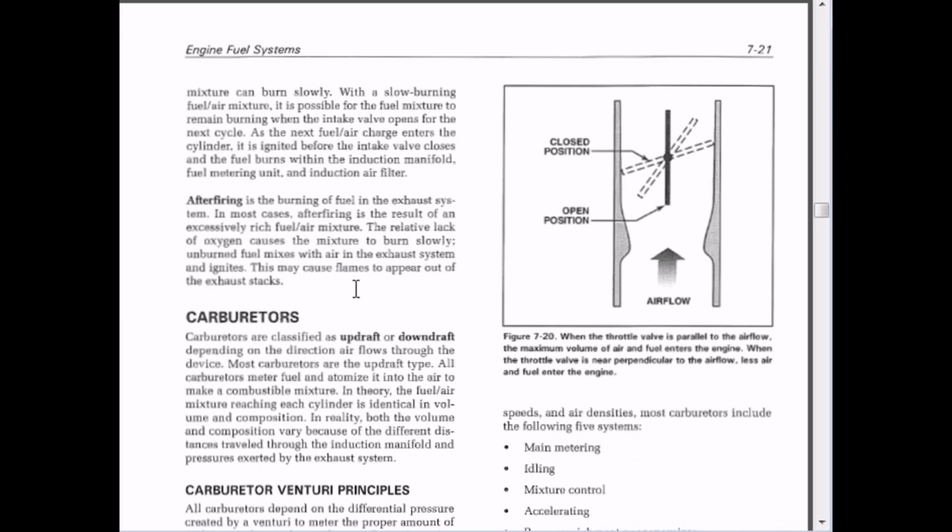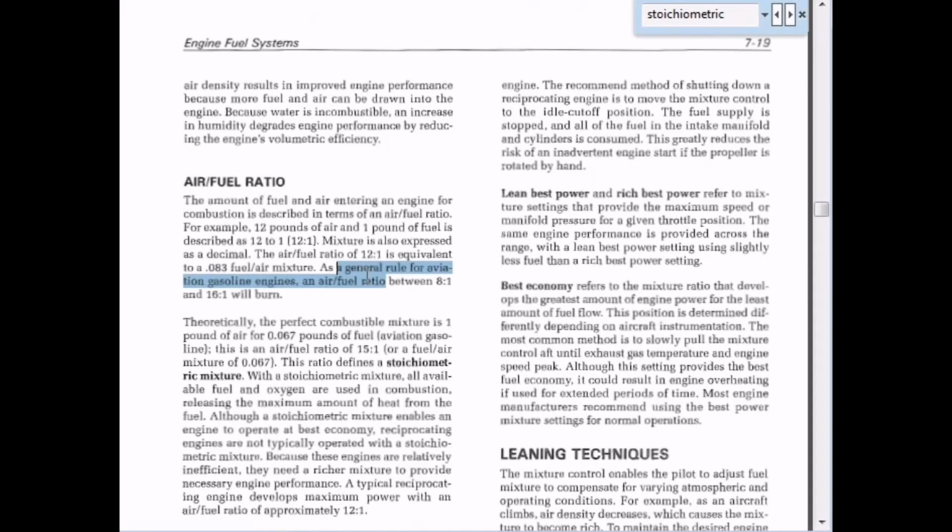So fuel air ratio tu apa maksudnya? What is fuel air ratio? General rule for aviation gasoline, air fuel ratio is between 8:1 to 16:1. Only in this ratio that it will burn.